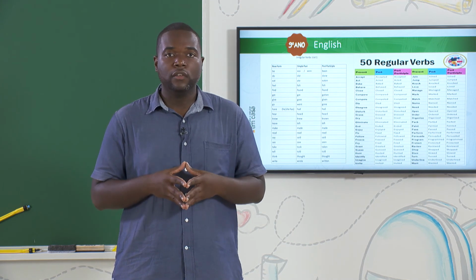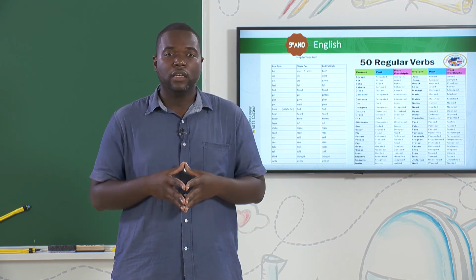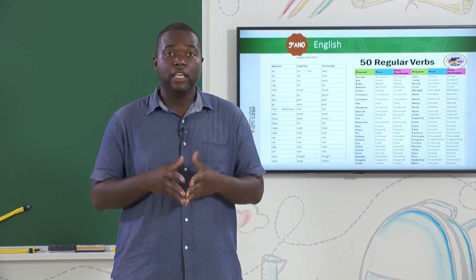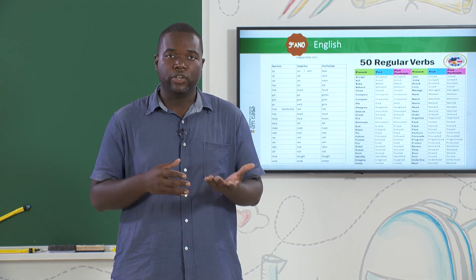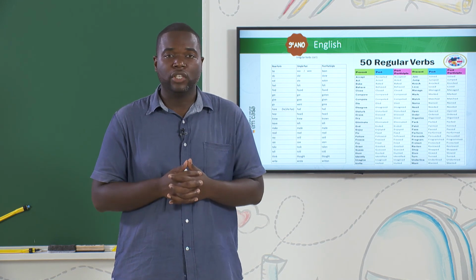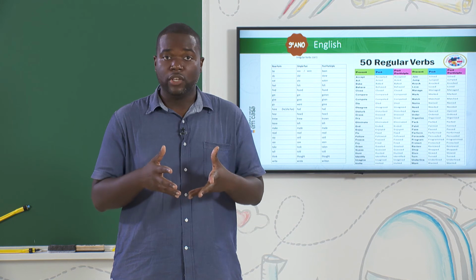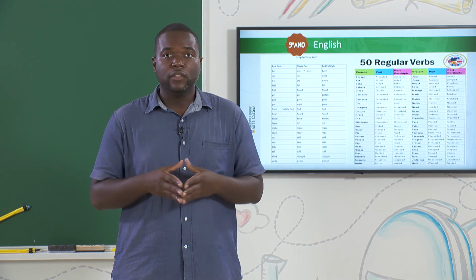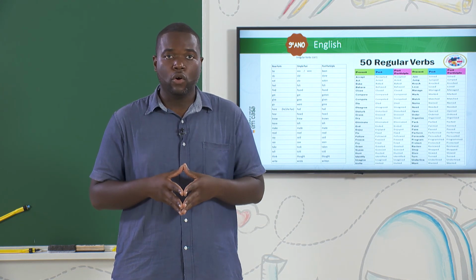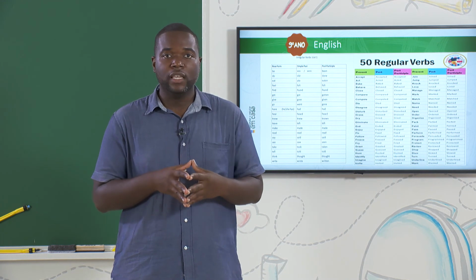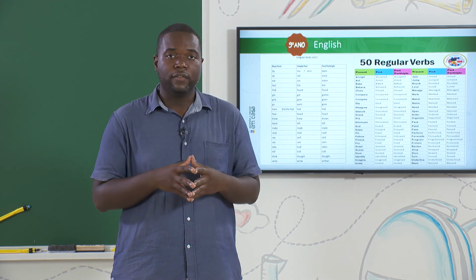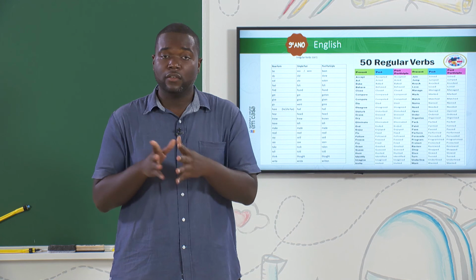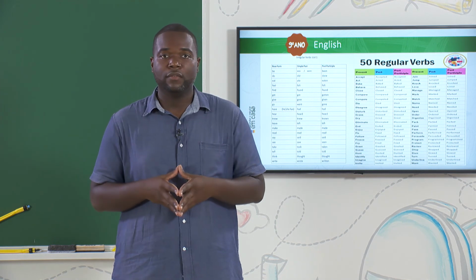Another option is for you to go to your school library and use the English grammar, where they have regular or irregular verbs, or ask your teacher if they can lend you theirs, all right? And that's it, students. That is your homework, and don't forget, use the list of regular and irregular verbs to help you change the sentences from the active into the passive, okay?